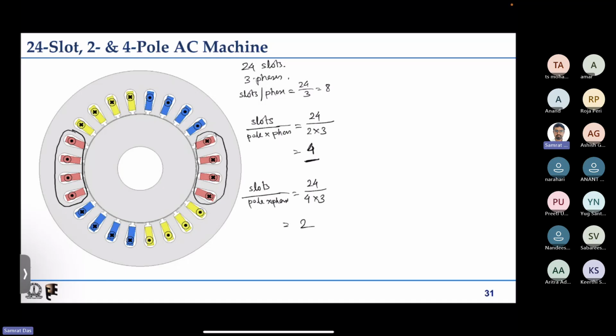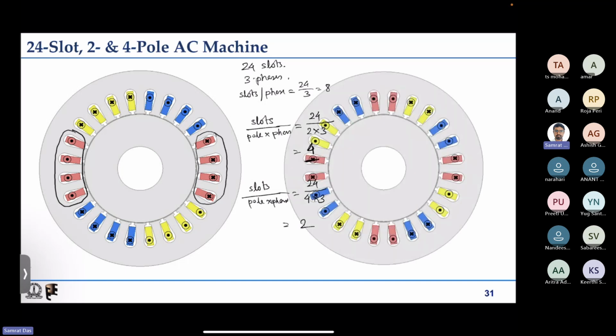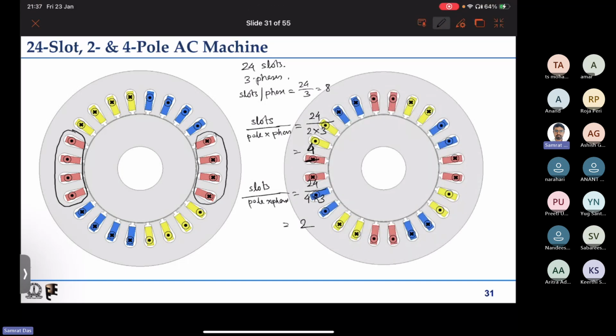So in this case, as I move to the next case of a 4 pole machine, probably I'll need to remove all those things for clear visibility of this case.